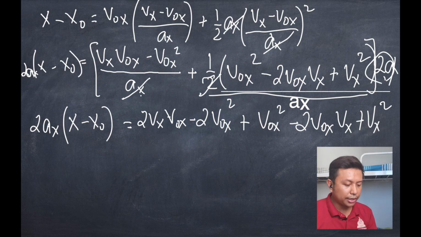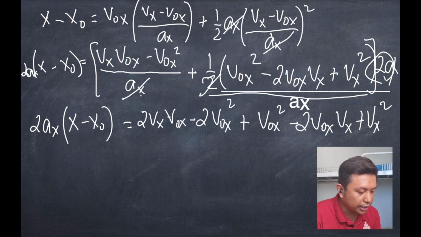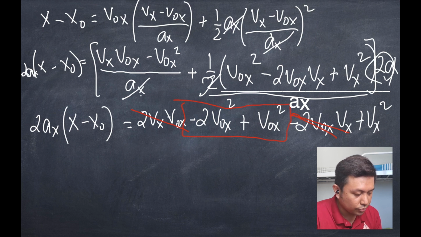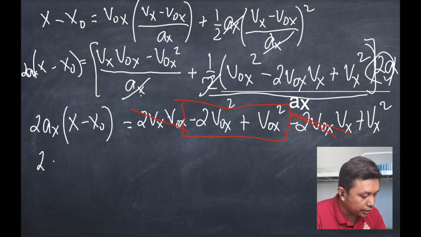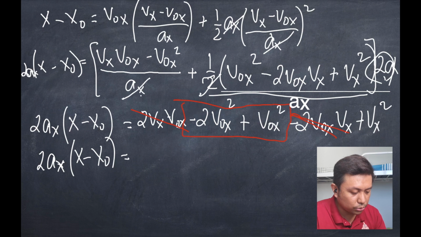Alright, some terms will cancel. This one will be cancelled because it's 2 positive and 2 negative. And then this term can be combined. So, rewriting it, 2a sub x times x minus x naught is equal now to negative v naught of x squared plus vx squared.